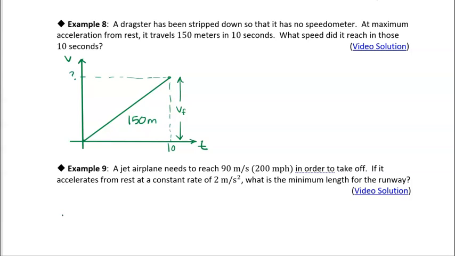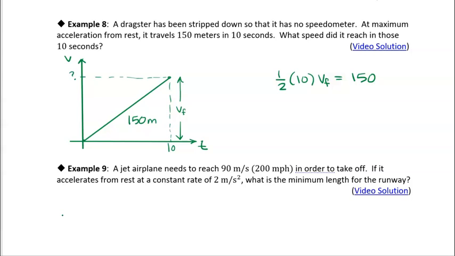And so I know that 1/2 times the base, which is 10, times whatever this V final is, right? That would be the area of that triangle. And I know that that has to be 150 meters.